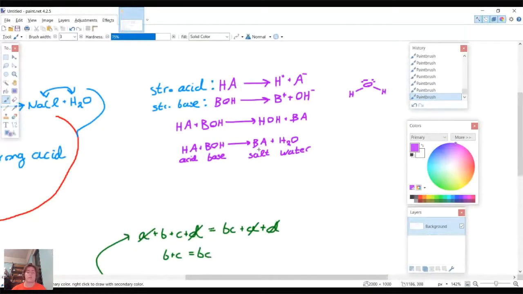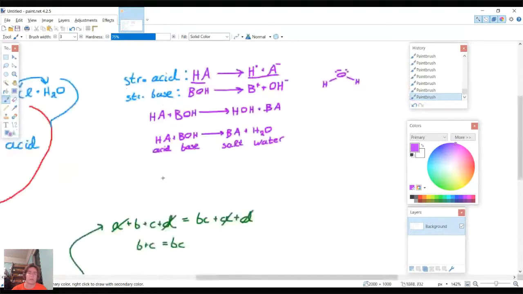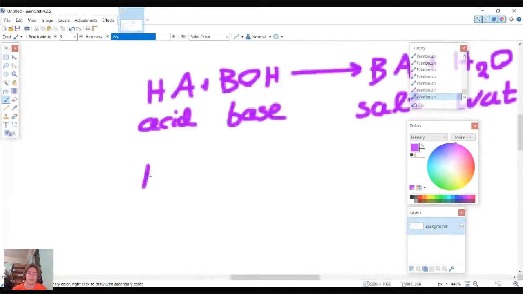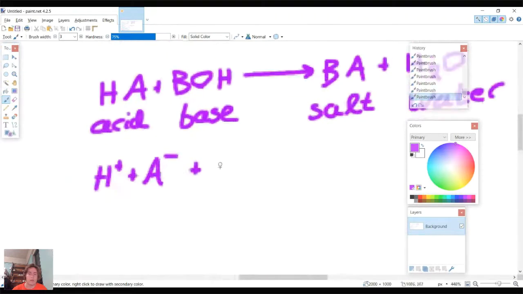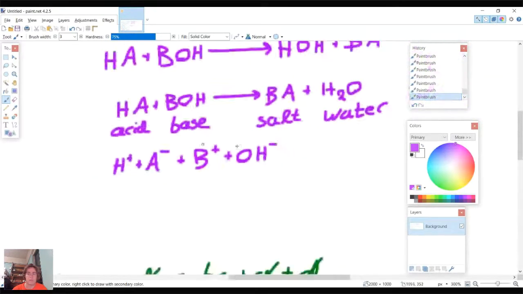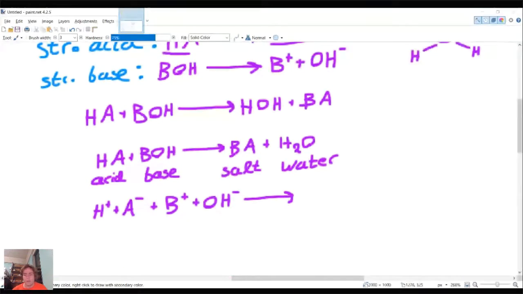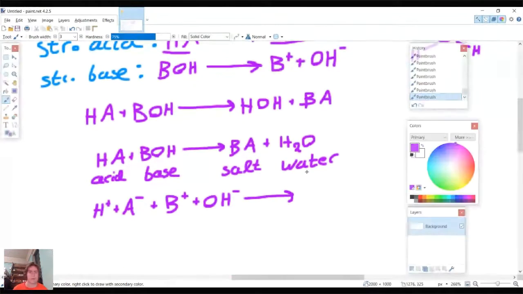So the reason why we define strong acid and strong base earlier up here is because we're going to substitute this in for this, and the same case for the other one. So we have H plus A minus plus B plus OH minus turning into. So here's the kind of predicament with the salt here.